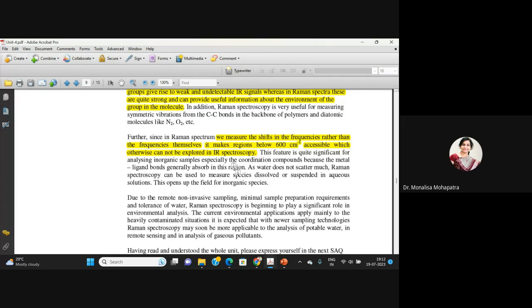Raman spectroscopy, complete 10 classes. IR spectroscopy, complete 10 classes. Or microwave or NMR, complete 10 classes for each, because within that there are so many things to know. But in a gist, I am telling you everything to give you an idea out of this course which you are studying now, so that it will be beneficial for you later on.